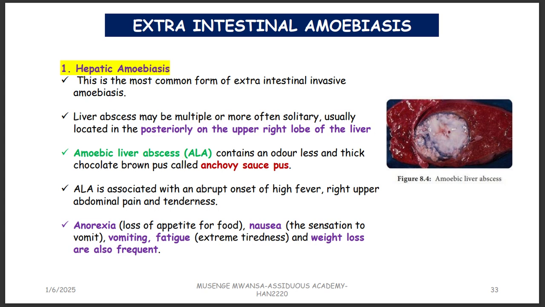Specifically, you need to know which part of the liver is involved: the posterior part of the liver, specifically the right lobe, and specifically the upper part. Okay. So posteriorly on the upper right lobe of the liver. And what you are going to see is the formation of a liver abscess that contains odorless and thick chocolate brown pus known as anchovy sauce.